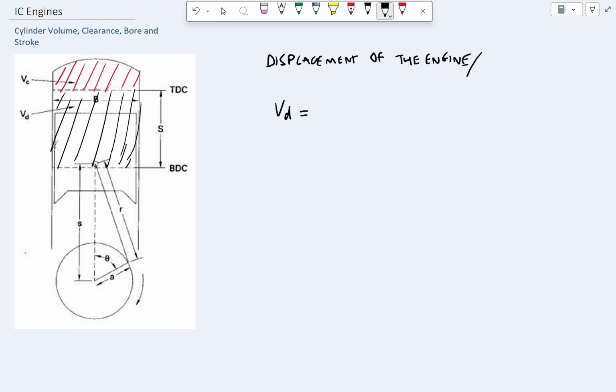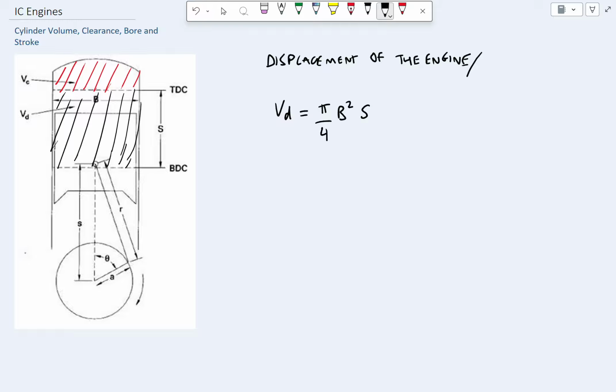If we do so, we can say that VD is equal to pi over 4 times B squared, which is the area of the piston. B is essentially the diameter of the piston, so pi over 4 B squared is the area of the piston based on the diameter. Then we multiply that by S, which is the length of the stroke, or the length from top dead center to bottom dead center, which gives us our volume displaced.